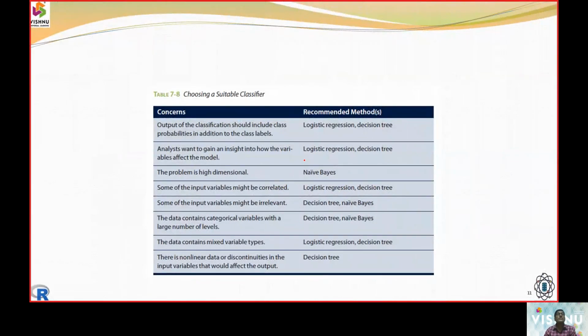Fine. To summarize, which method to use for which classifier. There are different classifiers available like linear regression, logistic regression, decision trees, random forest, naive Bayes, Bayesian, etc. So which classifier can be used for which relation? For example, if the number of attributes is large in a relation, then we can go with naive Bayes.